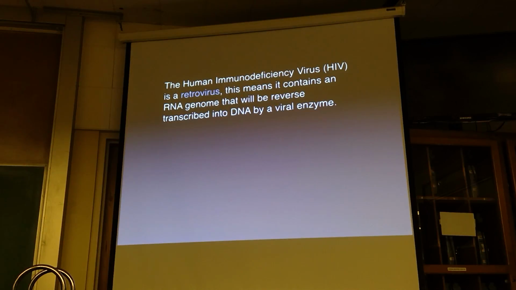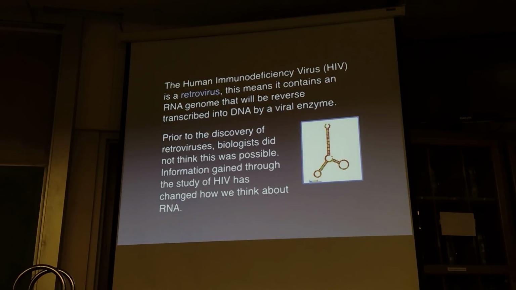But biologists basically assumed you could not take information that was encoded in RNA and use it to make DNA. Along come the retroviruses, and they showed that this was not true. A retrovirus is a type of virus where the genome is RNA, and they carry within them a viral enzyme called reverse transcriptase.